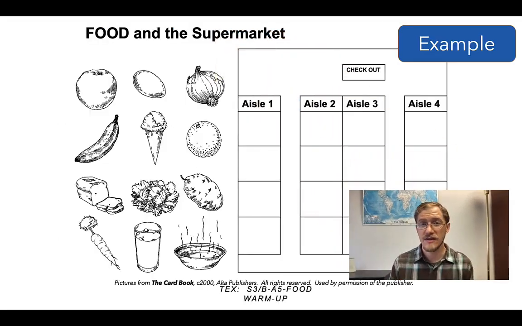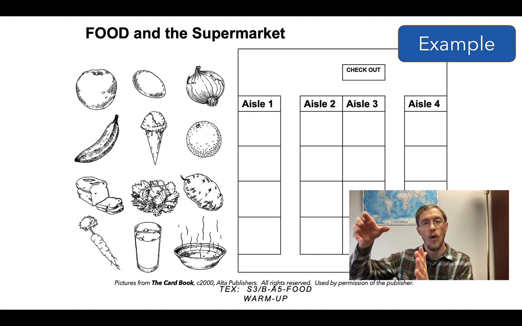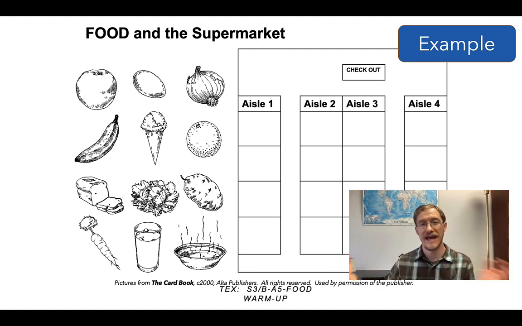Finally, another way you can use teaching materials is to have a set of pictures or cards with the pictures. Here's one with food, and then you have a separate set of ordering or matching or categorizing things. So here with food, you could say, as the teacher, on aisle 1 there are vegetables.